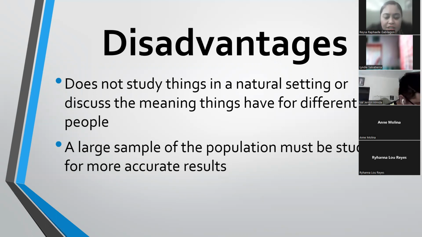Okay, and a large sample of the population must be studied for more accurate results. Example, you are conducting a survey. We cannot conduct a survey for 5 people only. Our results cannot be reliable. So we are going to have more people involved in our research so that we can assure na our results are accurate and at the same time precise.